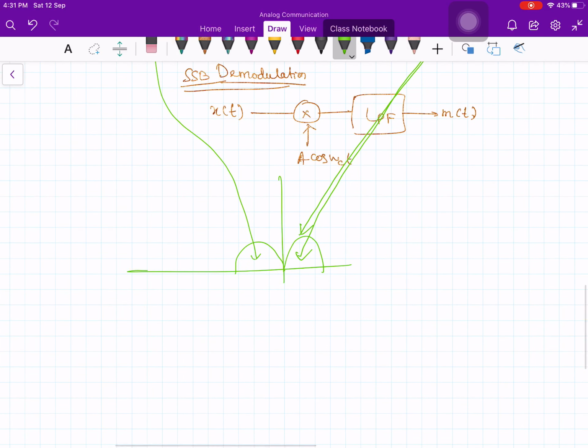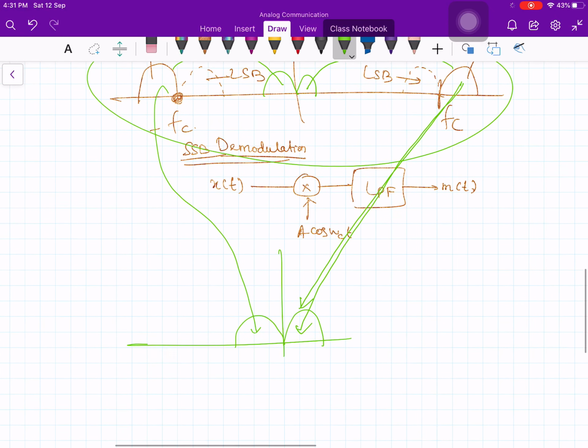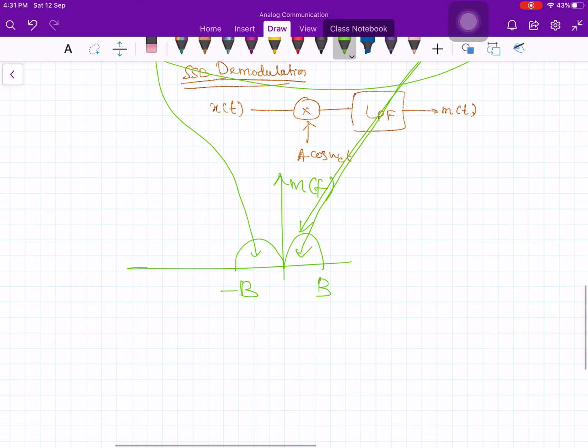The demodulator remains exactly the same as you had for the DSBSC. Just apply the frequency translation theorem on this modulated spectrum, and you see that your baseband spectrum comes back. This is plus B and this is minus B and this is your M(f). In fact, you'll get one more component here at around 2fc. Anyway, that we don't want, right? That will be removed by the low pass filter.